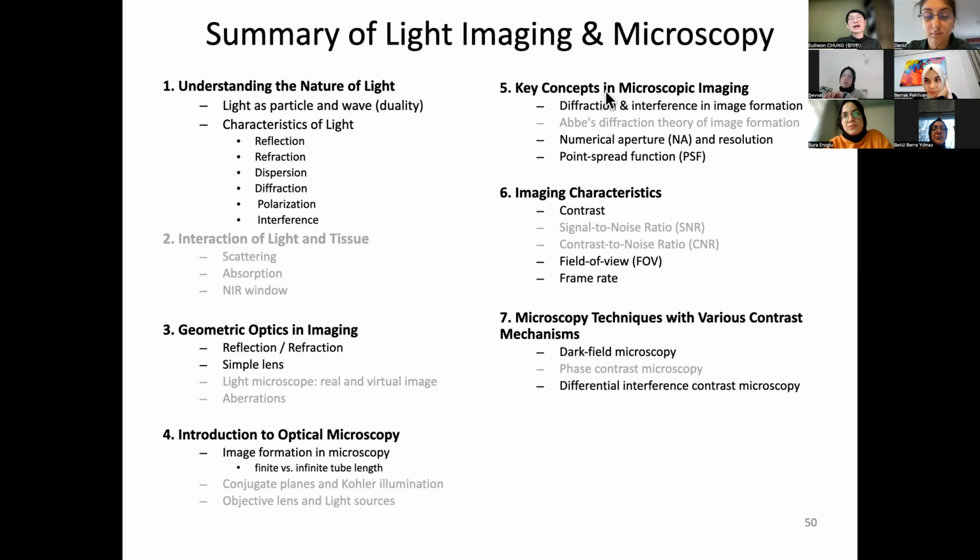And then key concepts in microscopic imaging: I discussed the diffraction limit, the concept of numerical aperture, and point spread function. This is a little advanced, but it sets you up to be able to say what limits the resolution of an optical microscope, which was actually diffraction.